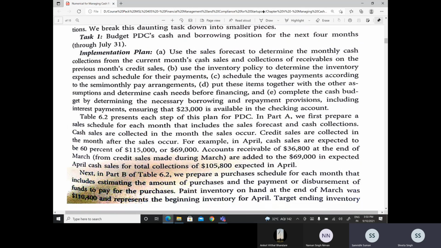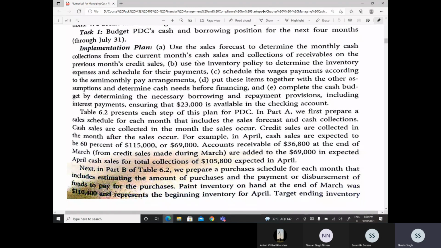Yes, ma'am. Thanks. So the first step here is to budget PDC's cash and borrowing position for the next 4 months through July 31st. The implementation plan is: A, use the sales forecast to determine the monthly cash collections from the current month's cash sales and collections of receivables on the previous month's credit sales. B, use the inventory policy to determine the inventory expenses and schedule for their payments.